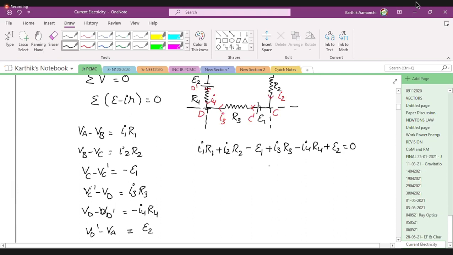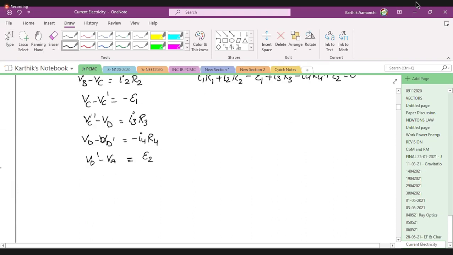Okay. Now let's come to the direction, the sign convention of it. In a very simple sense, I'll tell you the sign convention. Blindly follow it.